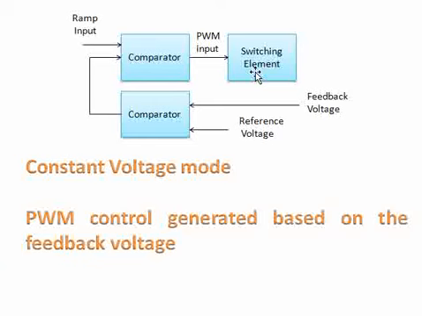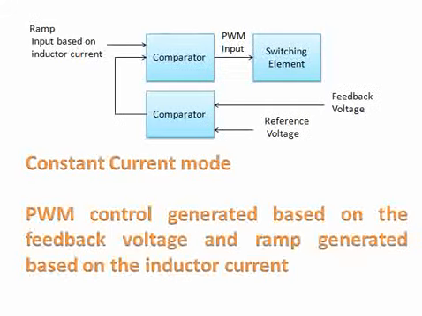The PWM duty cycle is generated based on the feedback voltage, that means the output voltage produced by the switching regulator. This mechanism is commonly used, and there is one more mechanism, which is constant current mode.